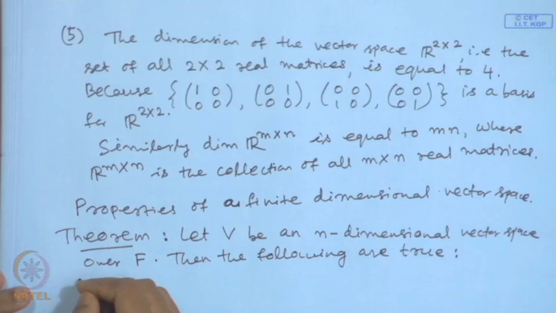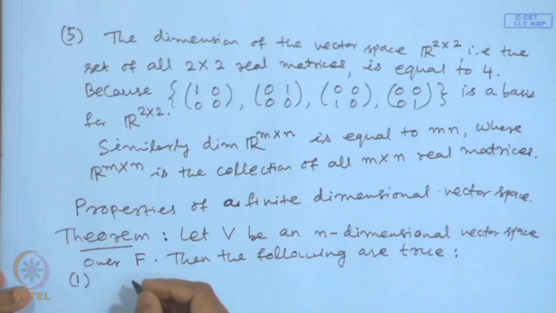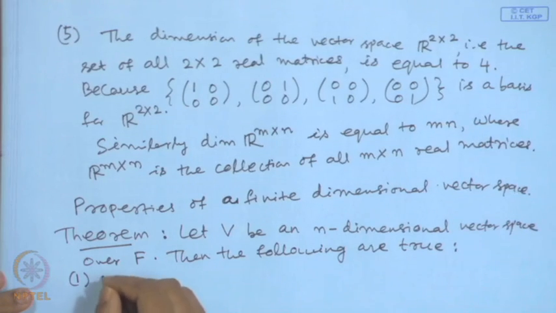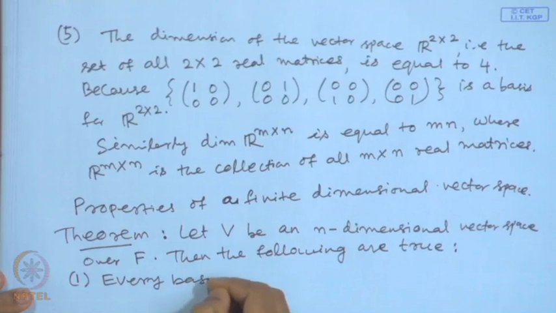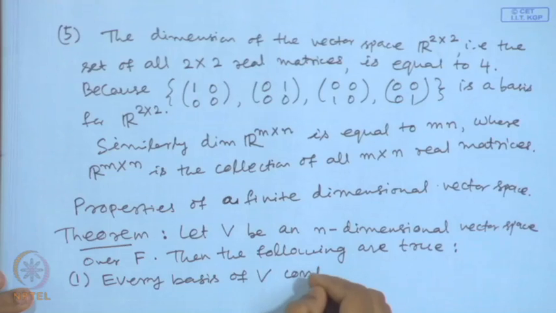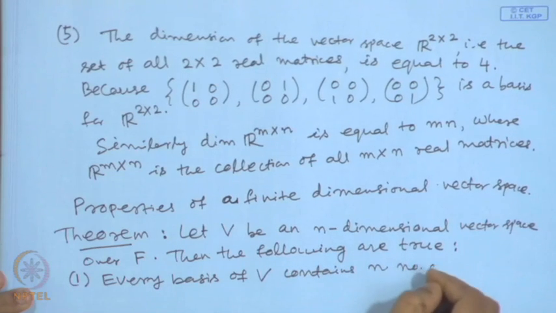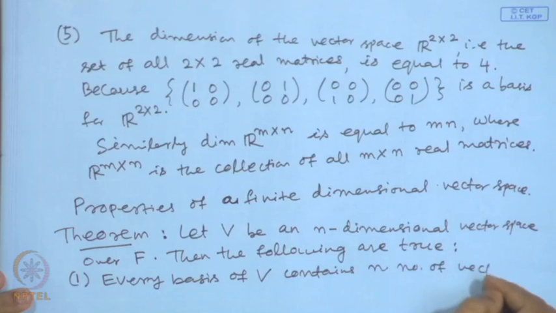First one is that every basis of V contains n number of vectors.